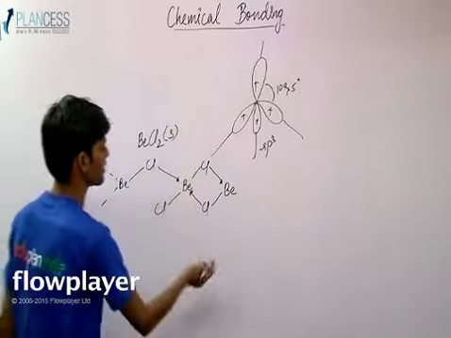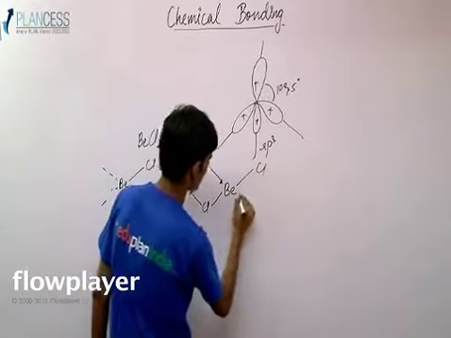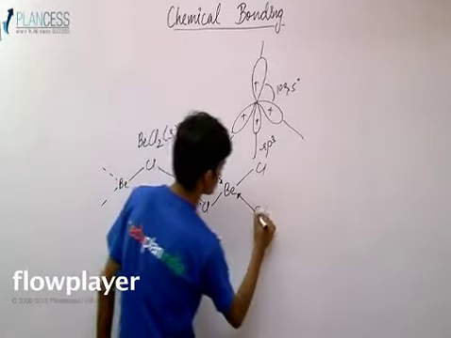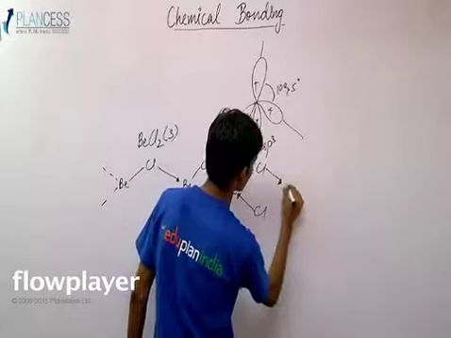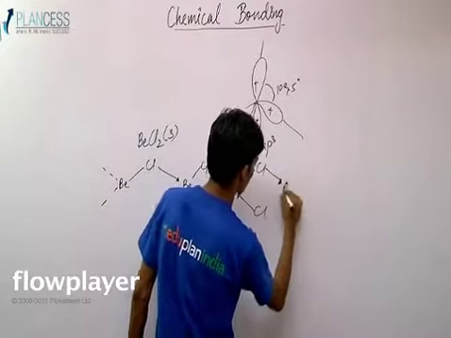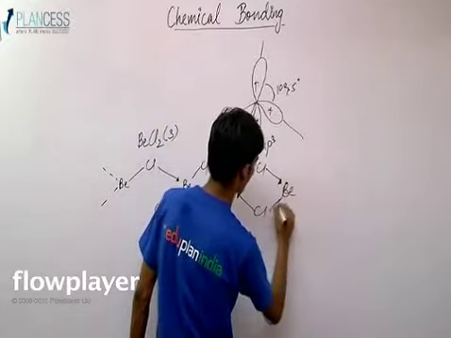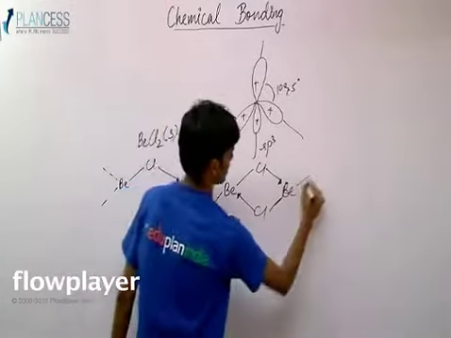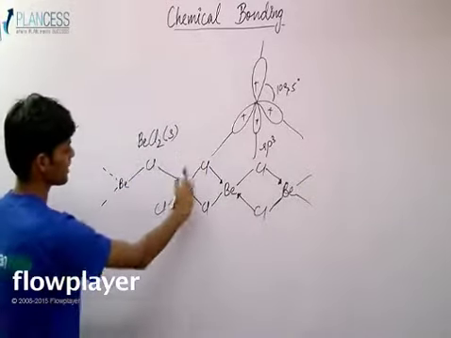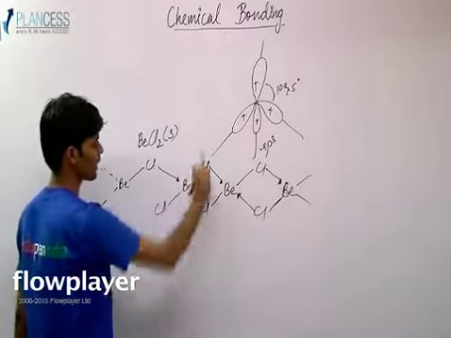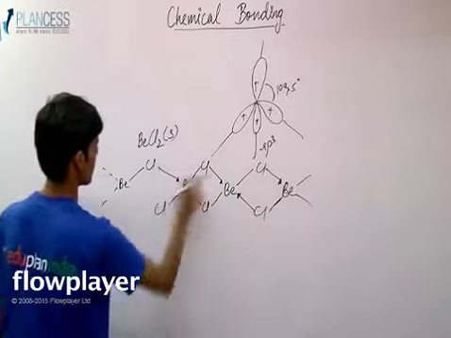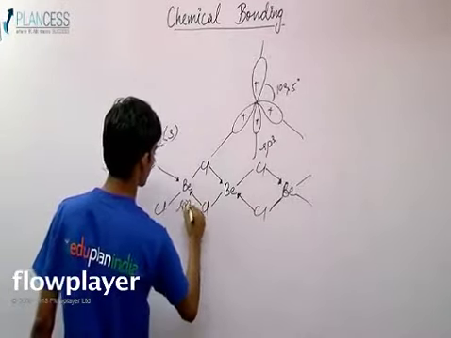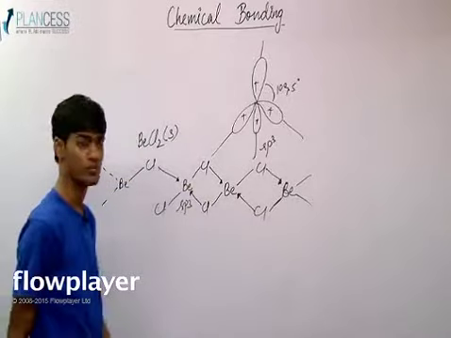This chain is repeated many times in the solid form. So each beryllium atom is joined to 4 chlorine atoms, therefore its hybridization is sp3 because it has 4 bond pairs and no lone pair, so it is a perfect tetrahedron.